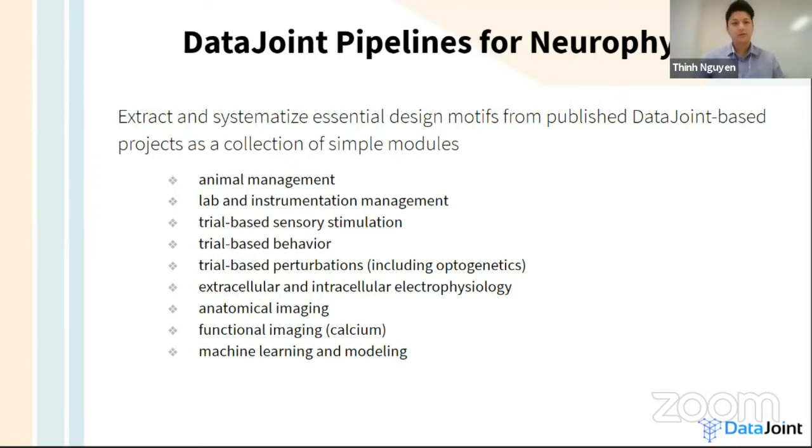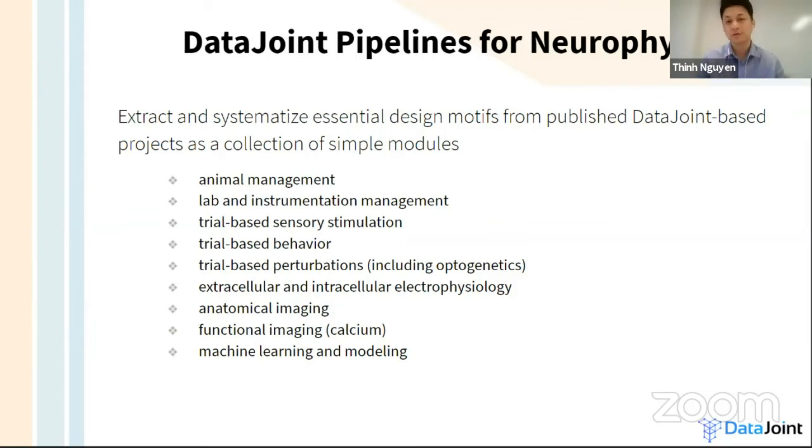Moving forward, DataJoint is going through a 5-year U24 project where our goal is to define, package and present a lot more elements. There will be ones for animal management, instrumentation management, trial-based types of experiments, behavior, optogenetic perturbations, extracellular and intracellular electrophysiology, functional imaging, calcium imaging, machine learning modeling.